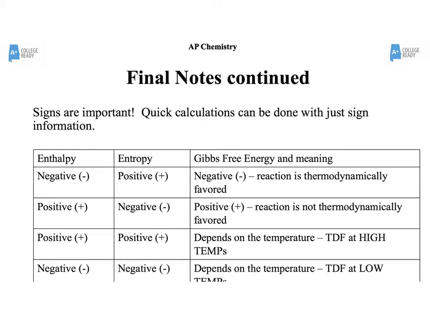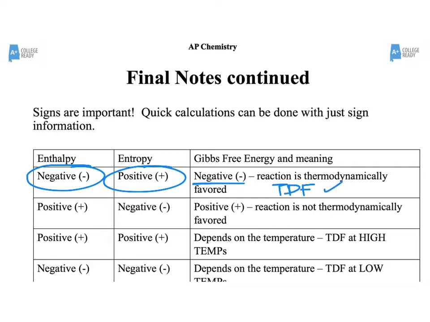Either use the coordinate plane process or just make sure you understand this table. If things are going the way the universe wants it to go, with a negative enthalpy and a positive entropy, then delta G is negative, which means it is thermodynamically favored. That's the way the universe wants it.